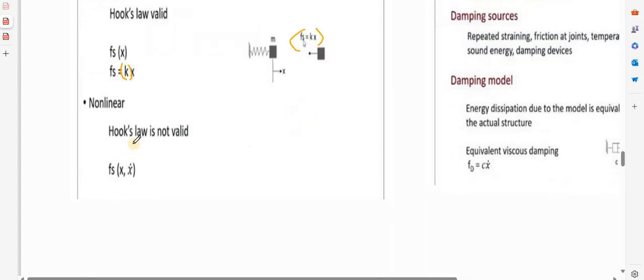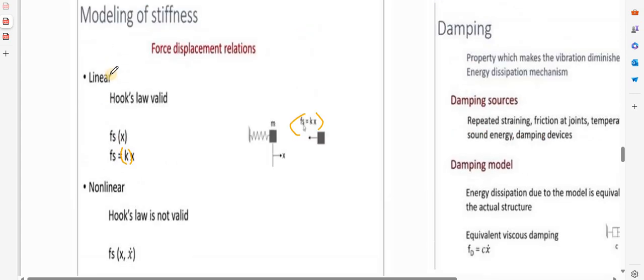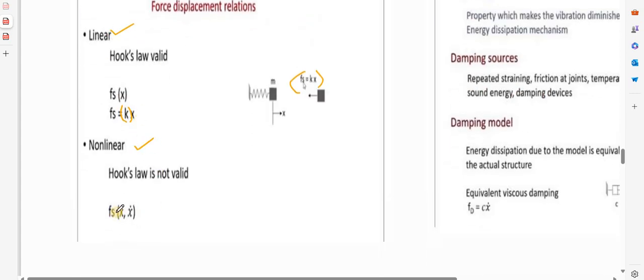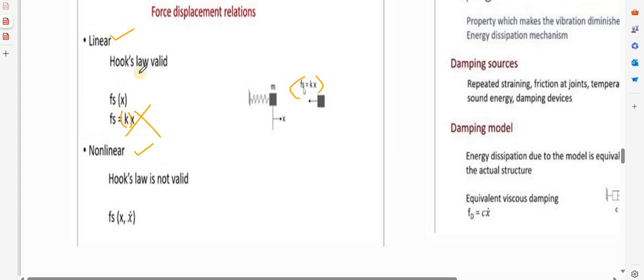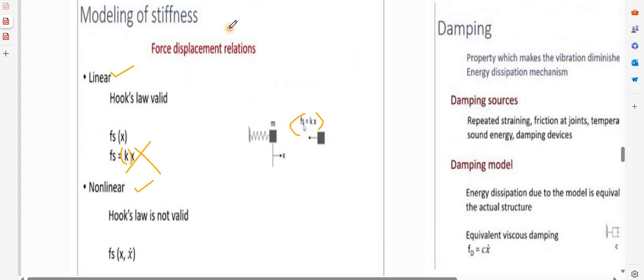Hooke's law is valid only for linear conditions; for non-linear conditions we cannot use this. But our main discussion will be only on linear cases. So stiffness can be modeled like this: let the stiffness coefficient be K and the displacement be x, then the force due to stiffness is K into x.